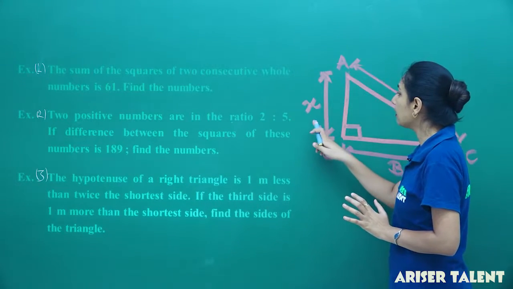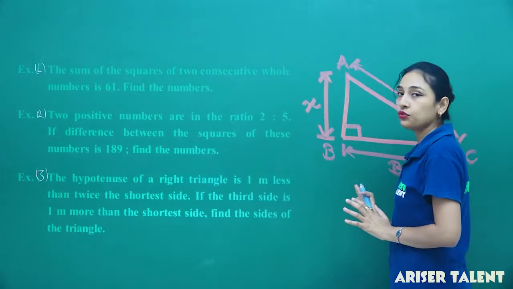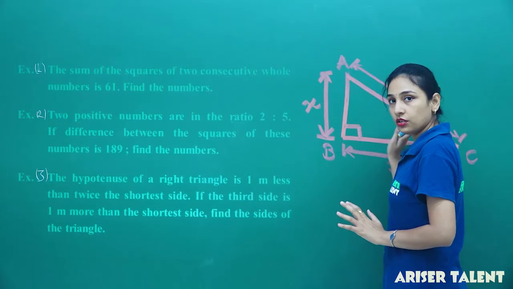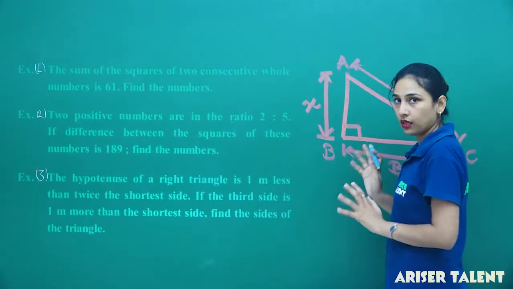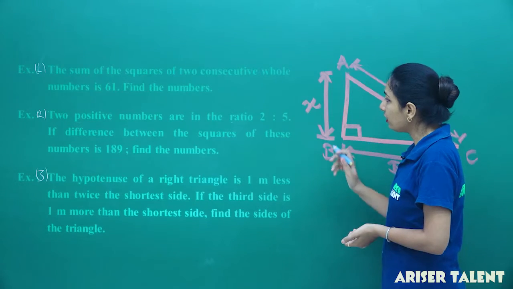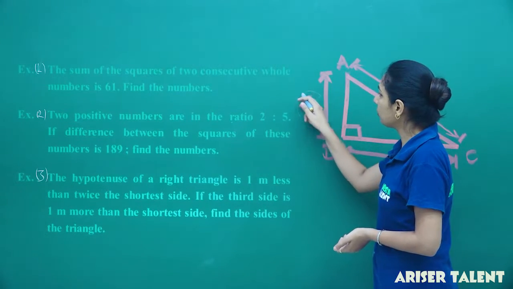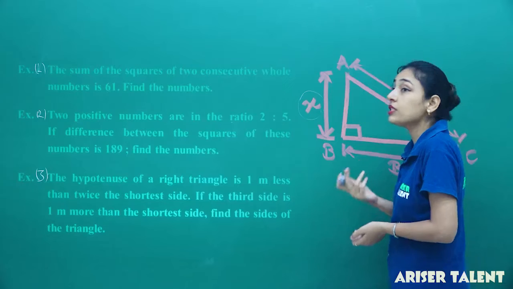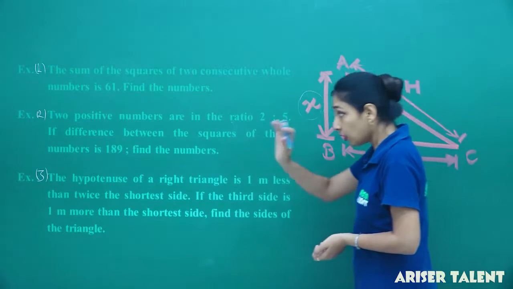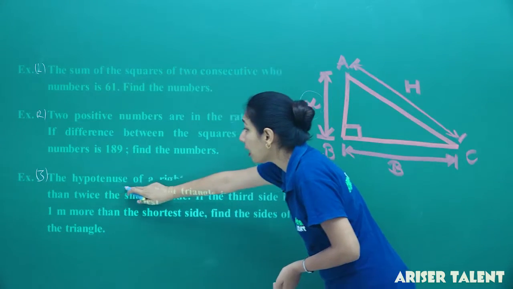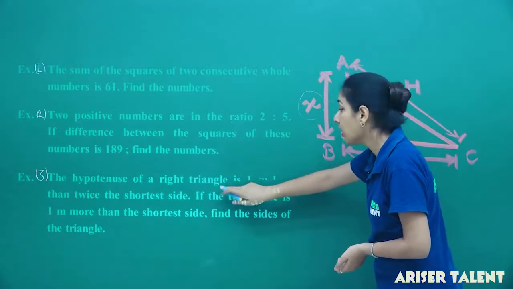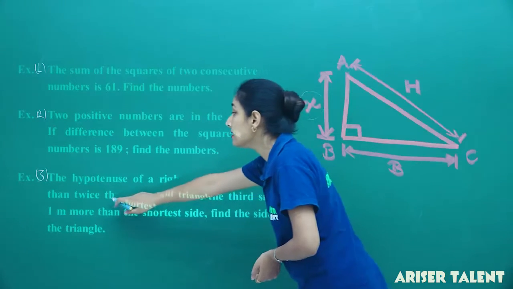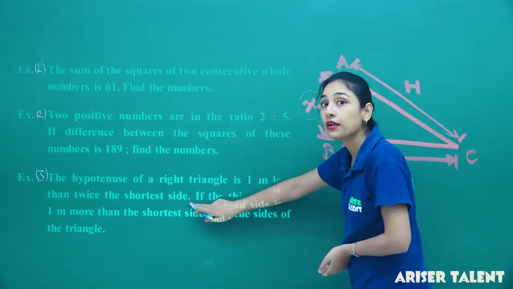So we just can't take all sides equal to x, because these triangle sides are obviously not equal. So what we'll do, we'll pick one particular side as x. Now understand this: the hypotenuse of the right triangle is 1 meter less than twice the shortest side.